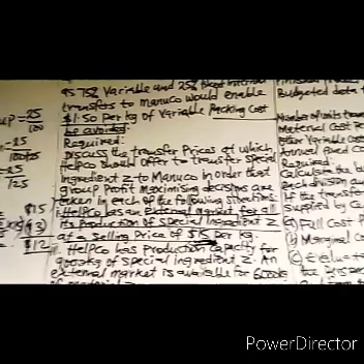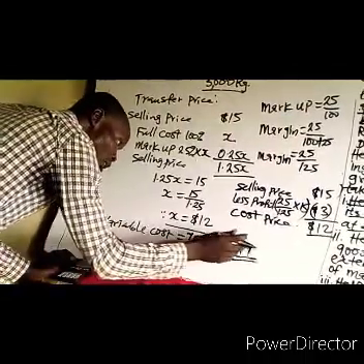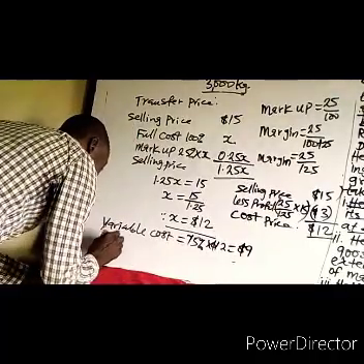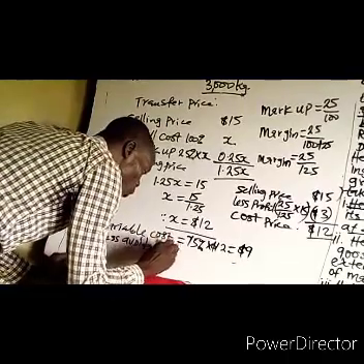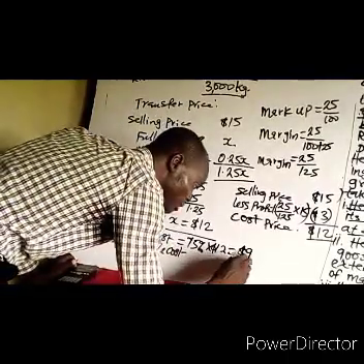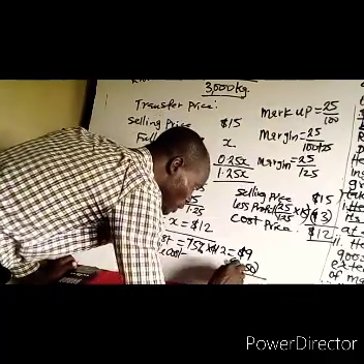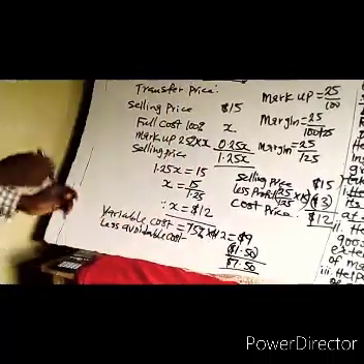So when you less the avoidable variable packing cost of $1.50 from the variable cost of production of $9, you'll be left with $7.50. That is the other variable cost.